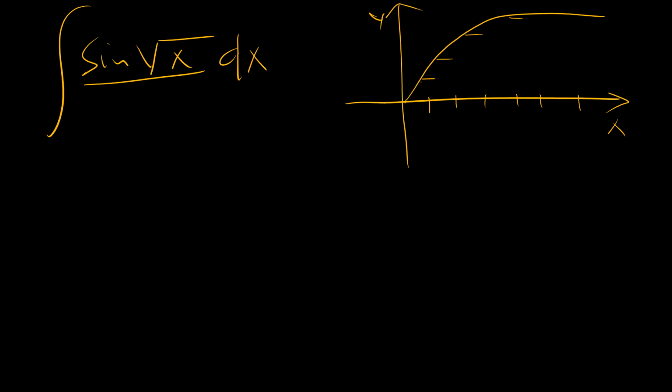What that means for us is that the sine of the square root of x is going to be a signal like that, and the period with respect to x is going to increase, right?